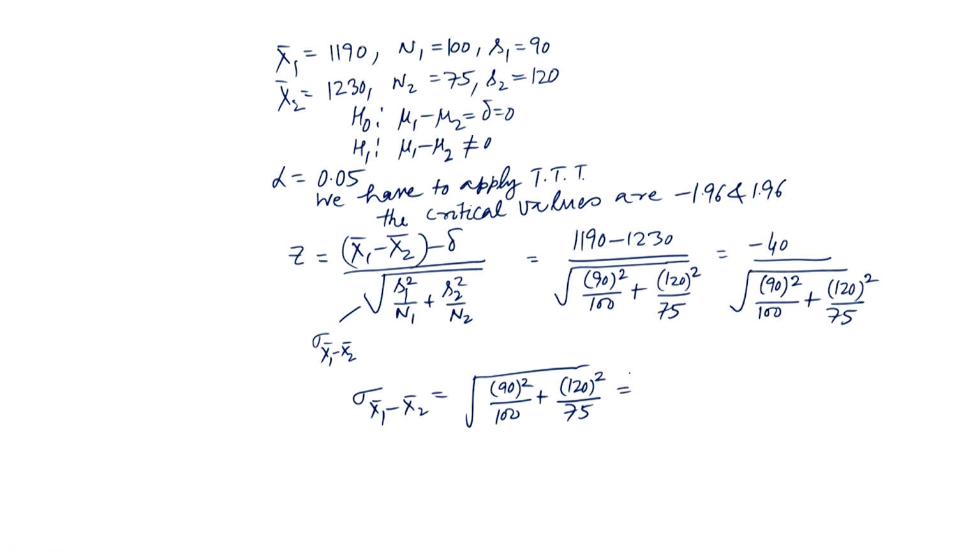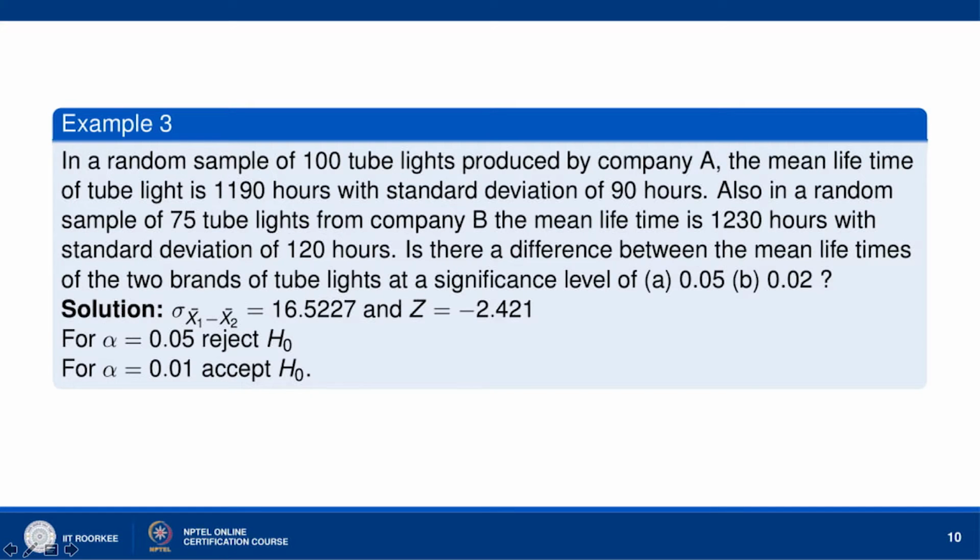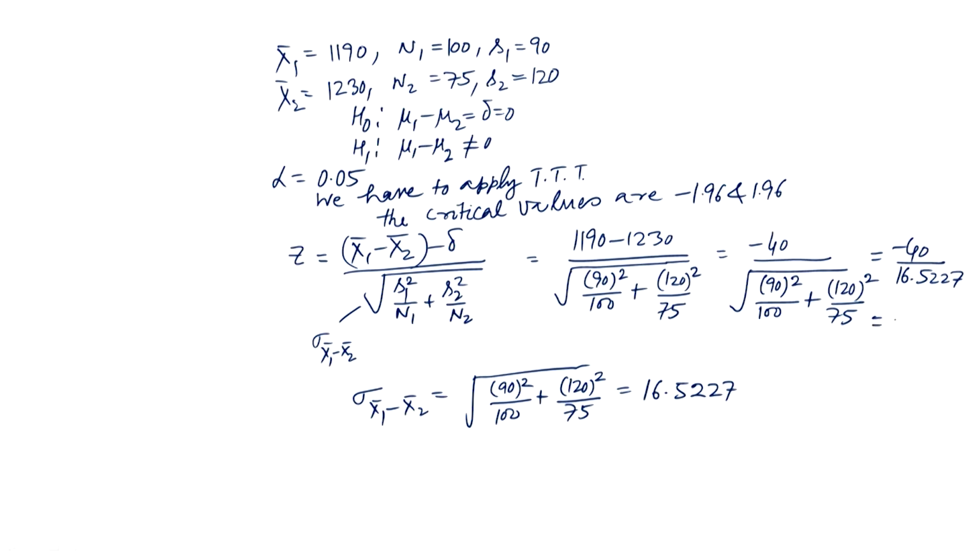If you calculate this, it comes out to be 16.5227. And when we put the value here, we get minus 40 divided by 16.5227, and this comes out to be minus 2.421.